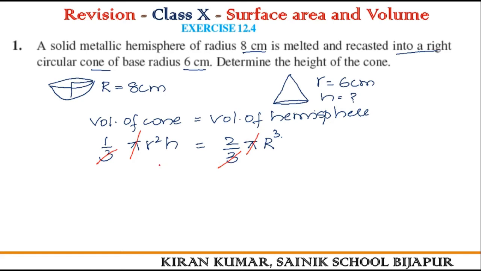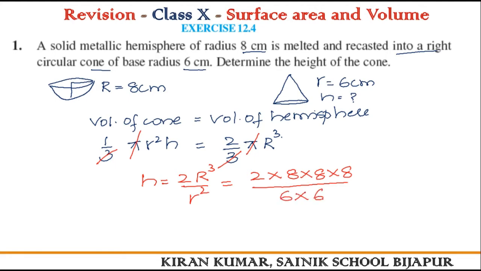Pi can be cancelled. So h will become equal to 2 times r cube divided by r square. Here capital R is the radius of the hemisphere. So 2 times 8 into 8 into 8 divided by the radius of the right circular cone, which is 6 into 6. Let's simplify. We'll be getting 28.44 centimeter. This is the height of the cone.